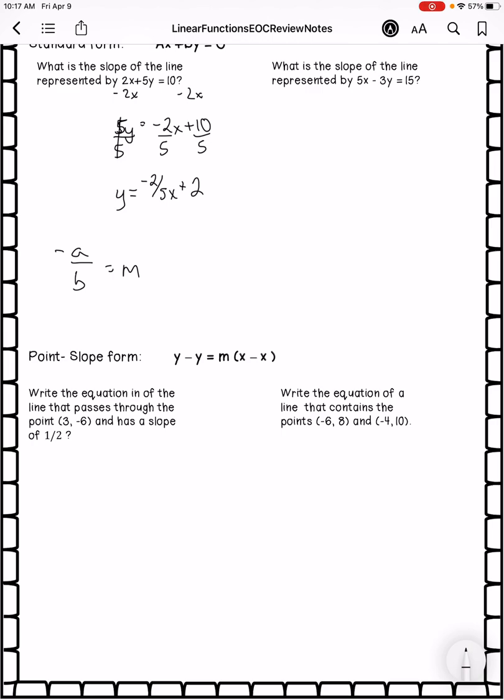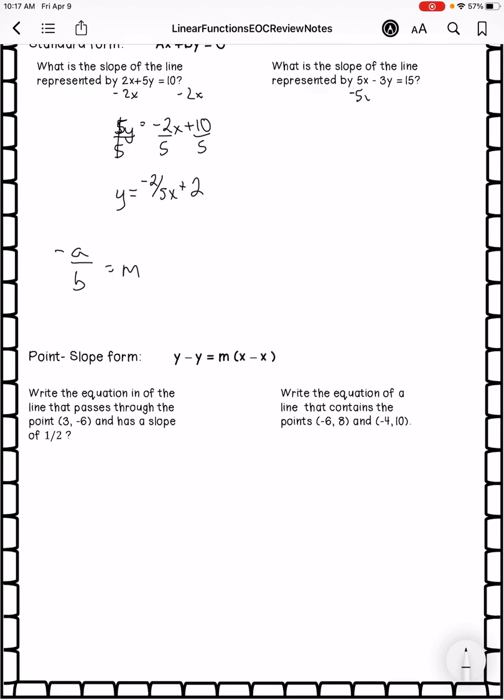All right. So I want you to take a second looking at the next equation, and I want you to determine the slope of that standard form equation, 5x minus 3y equals 15. Okay, so again, you could have done it one or two ways.